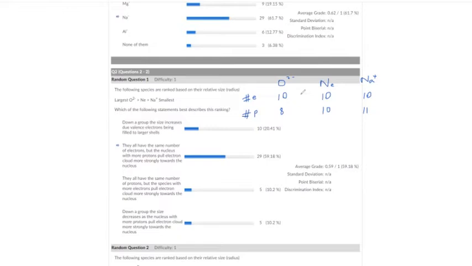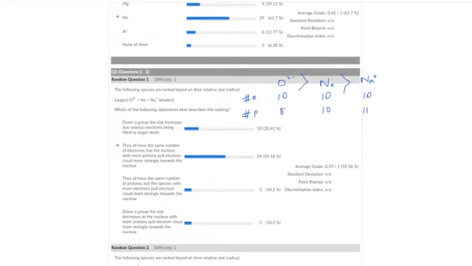So all of these species have the same number of electrons, but because you have more protons in the sodium plus nucleus, the electron cloud is strongly attracted towards the sodium nucleus. As a result of that, sodium plus will be the smallest ion, and then neon, and then O2 minus is the largest because it has the least number of protons.